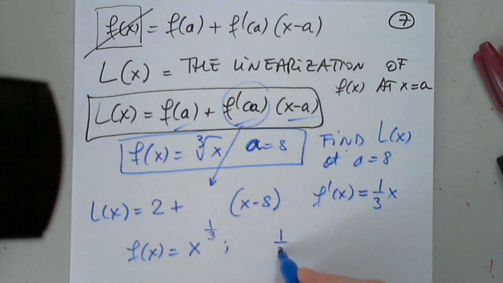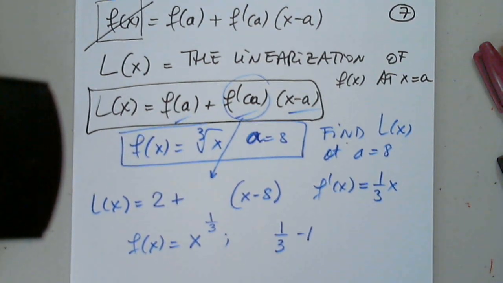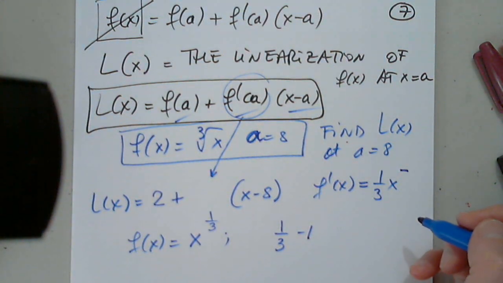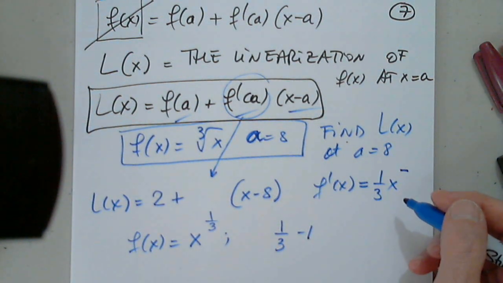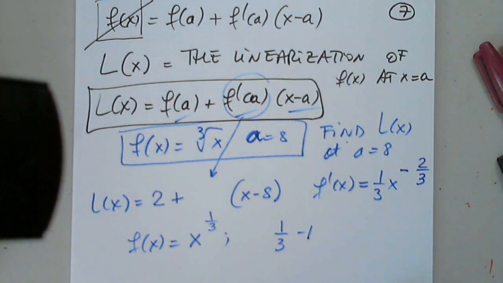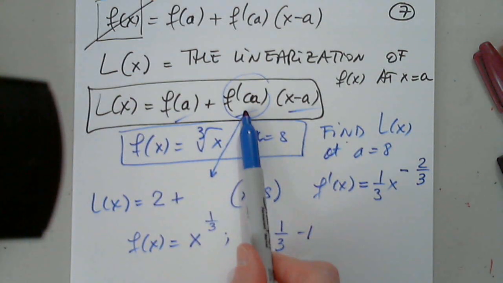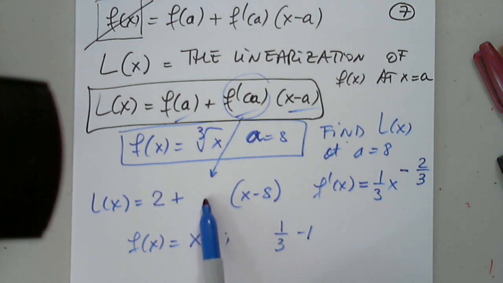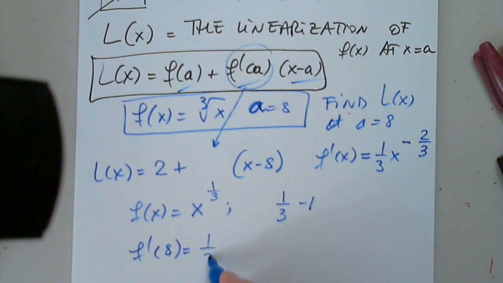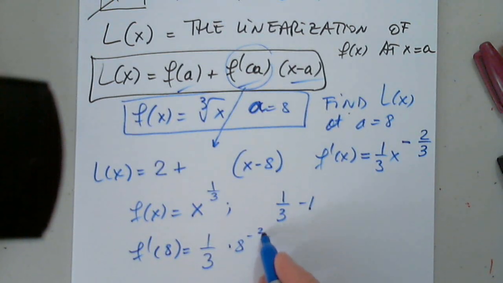And we have to calculate 1/3 minus 1. Negative 2/3. Very good, awesome. Good, so now f prime of a goes in here. So f prime of 8 equals 1/3 times 8 to negative 2/3.